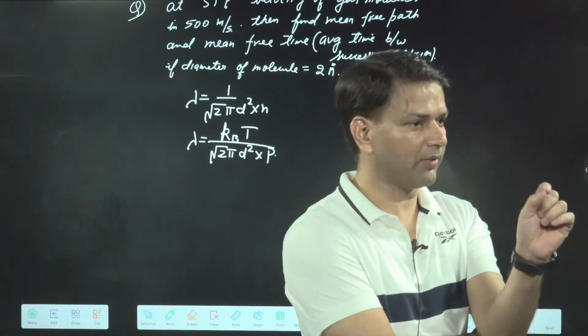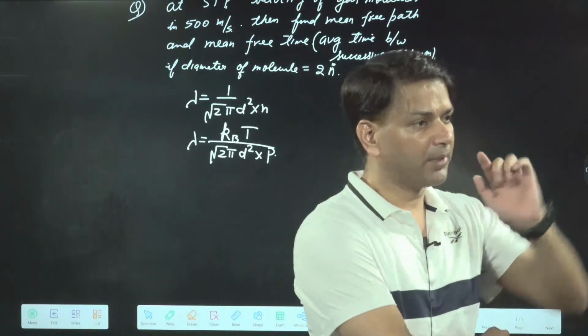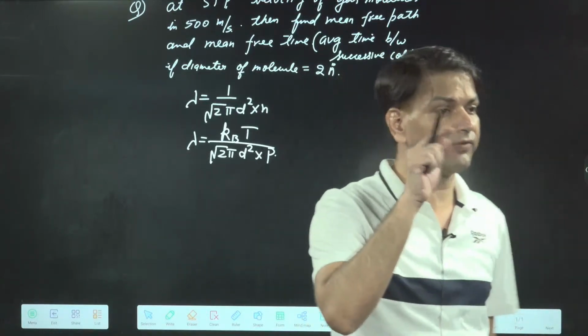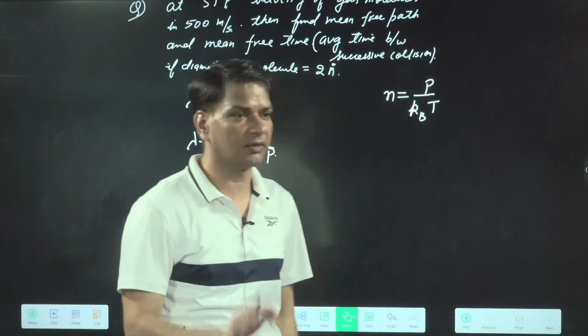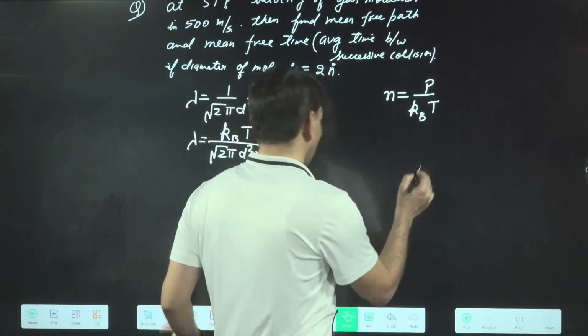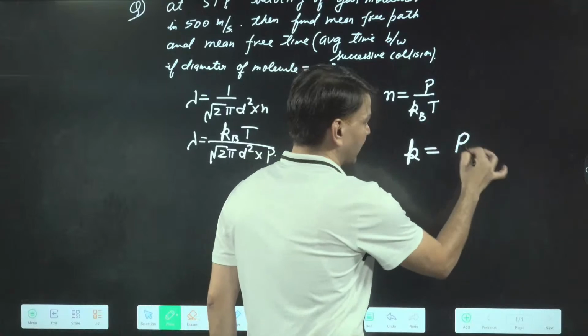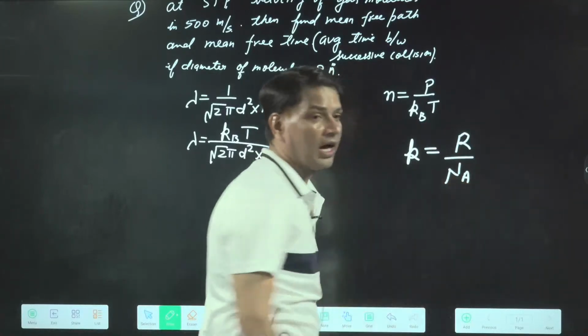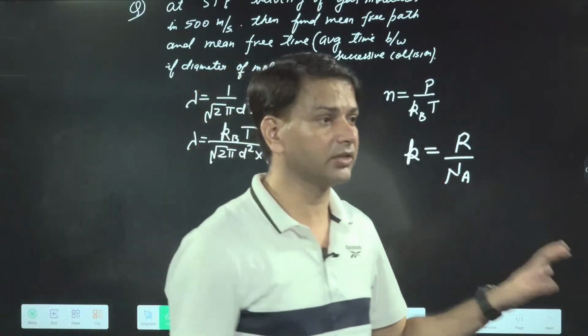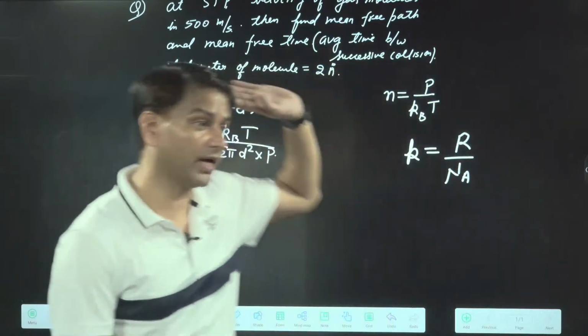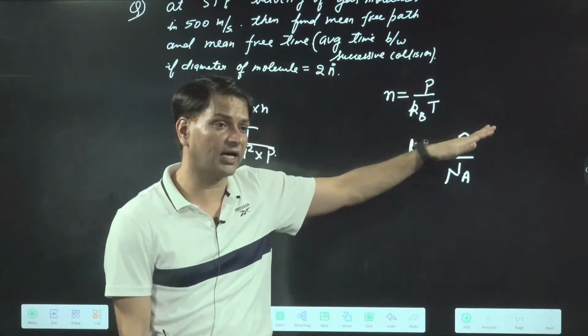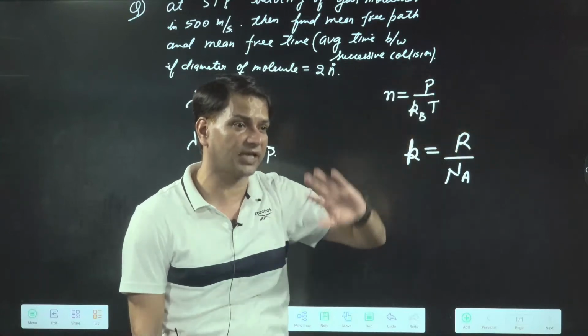But K value, how did I get 1.38 when I took R as 8.3? Remember, K value we have taken as R by NA. And R I have taken 8.3. We can take R equal to 8.3 when we are using the SI unit.